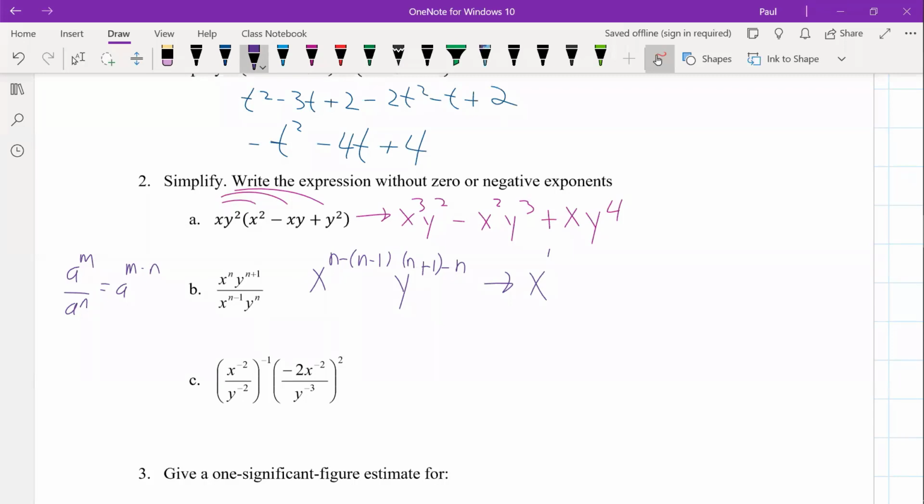All right, n plus 1 minus n, which is? Jeff thinks it's 1, is he right? Yes. I would hazard a guess. There we go. All right, nice job, Jeff.